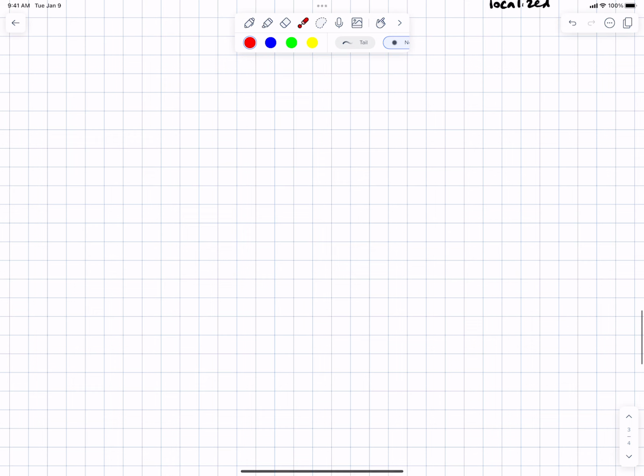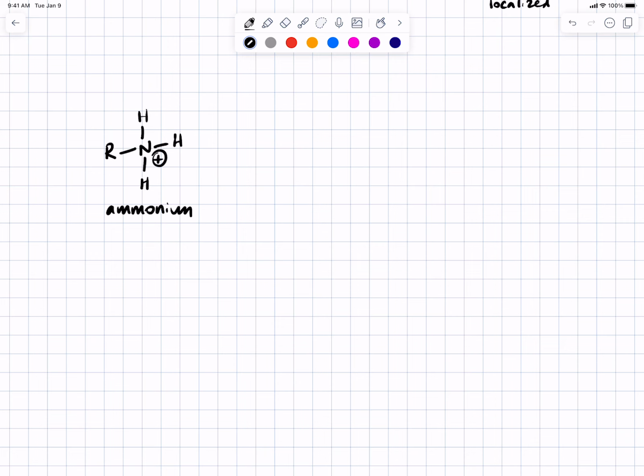So here's a nitrogen that has a positive formal charge. This is called an ammonium ion. Okay? This is a positively charged acid, and it has a neutral conjugate base, and the neutral conjugate base is called an amine.